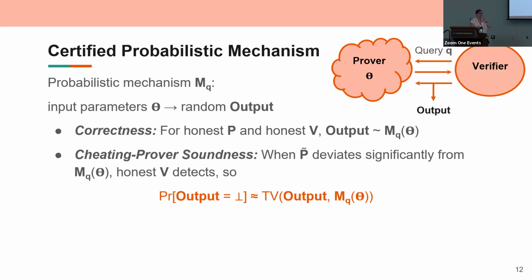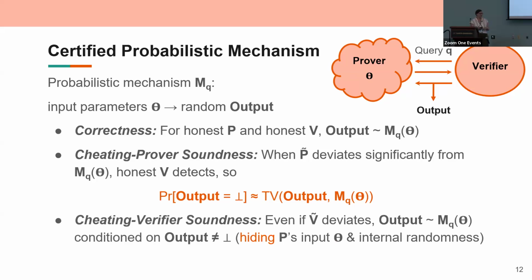And in particular, their probability of outputting bot should be approximately equal to the total variation distance between the outputted distribution and the desired distribution. Finally, even if the verifier misbehaves, the output should still be distributed correctly as long as we condition on the output not being bot. And along the way, it should continue to hide the prover's input.